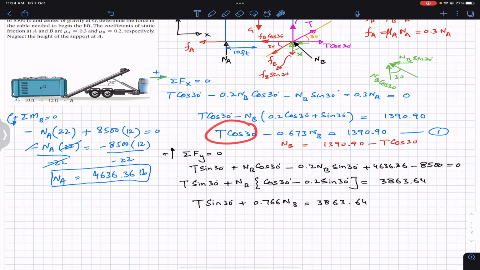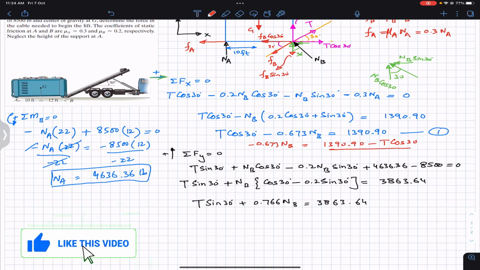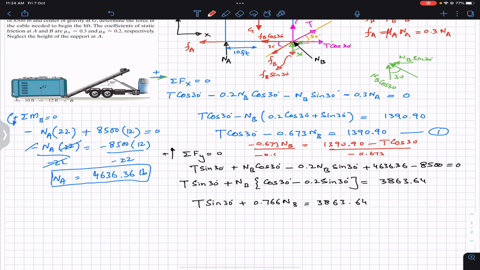If I bring this term to the other side of the equation, it will become negative. And then if I divide, we will have minus 0.673. So now if I divide both sides of the equation by minus 0.673, this will cancel out and we will be left with NB. So we have NB in terms of T.